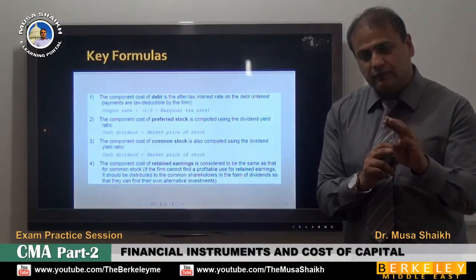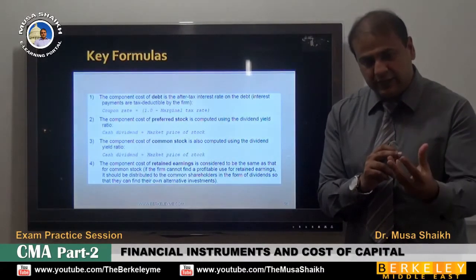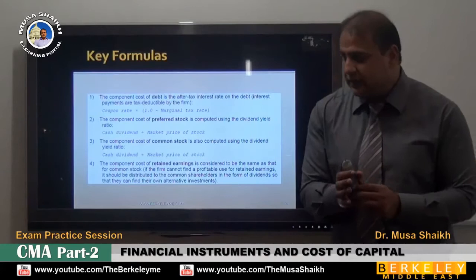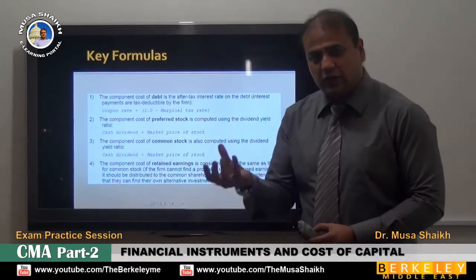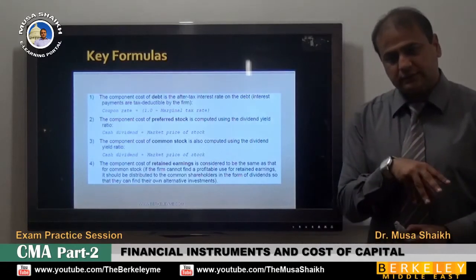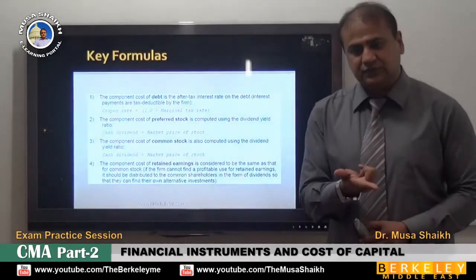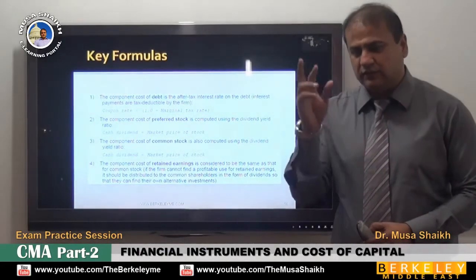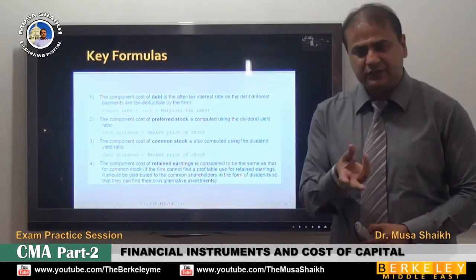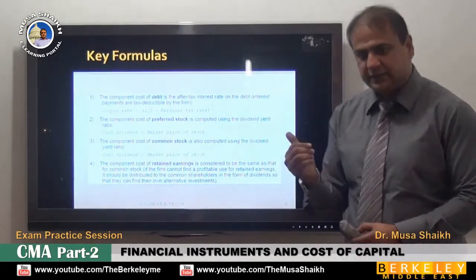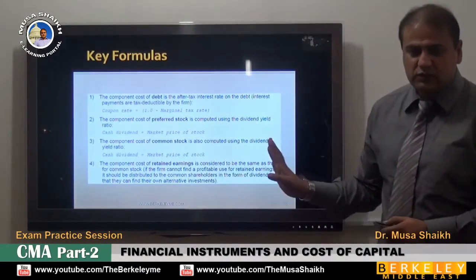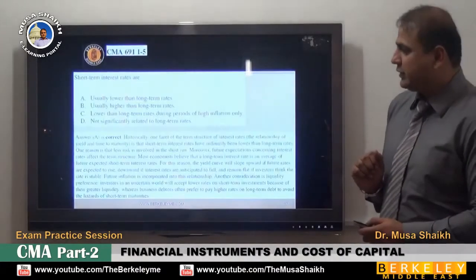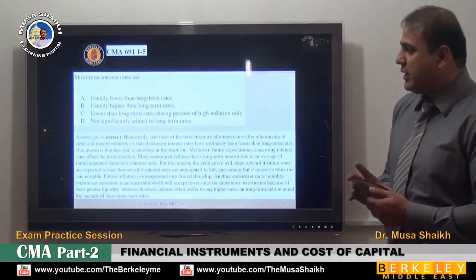And then we have bonds, like long-term liabilities. So these are four formulas. First we apply them to the question to get a percentage. Then we add them and get a weighted average cost of capital. This slide I will refer back to when I solve the questions, so you can be very confident.